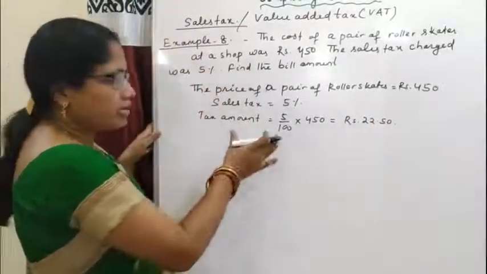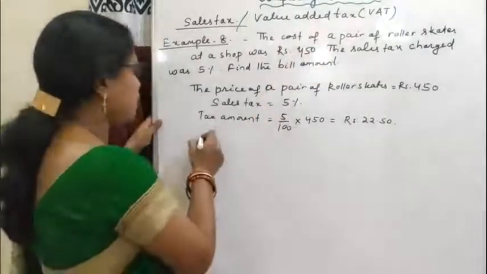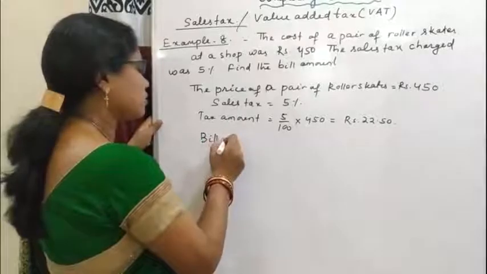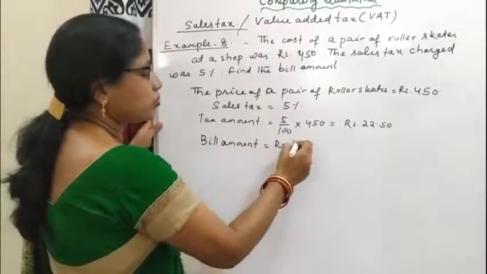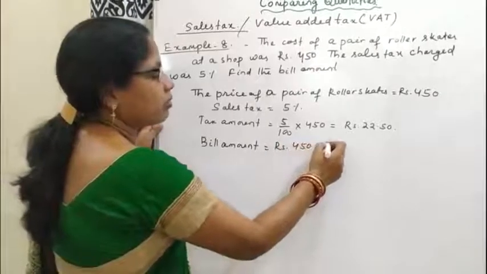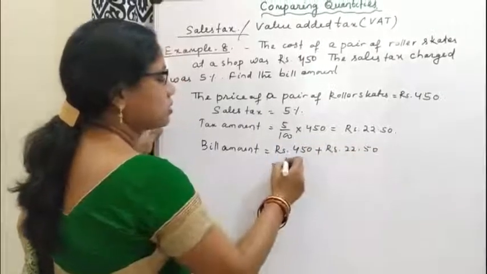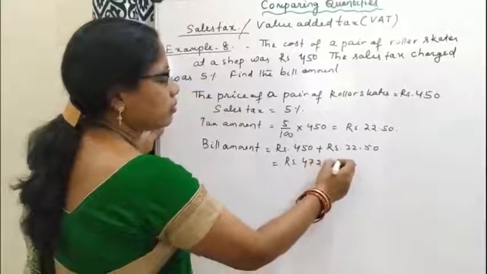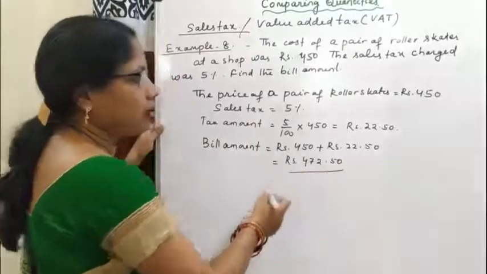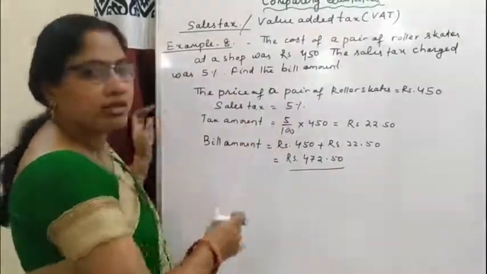The tax amount is added to the price. That means the bill amount is rupees 450 plus rupees 22.50, which is equal to rupees 472.50. So this is the amount a customer has to pay after adding the sales tax.